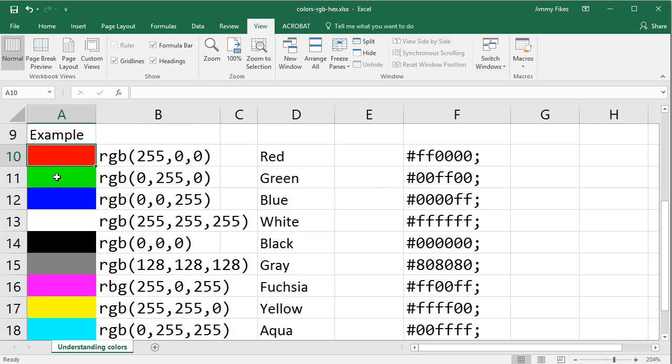Here we have these cells in Excel. All of these cells, even this one that looks white, I have filled with the colors that are being shown here. So right here we would have the RGB values for red, and again that would be all of red in the first position, which is 255, but no green and no blue.